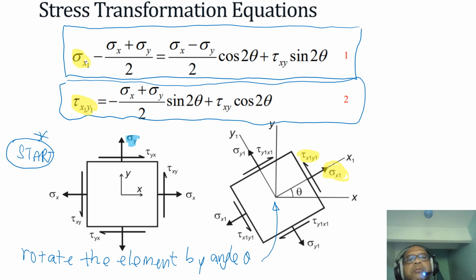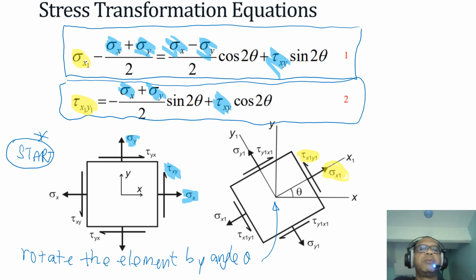The ones in blue are sigma x plus sigma y over 2, sigma x, sigma y, and finally the shear stress at that particular point. Similarly, you can find the shear stress tau x1 y1 from sigma x, sigma y, and tau xy.